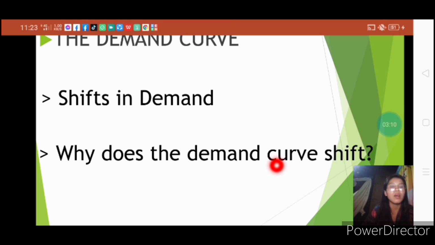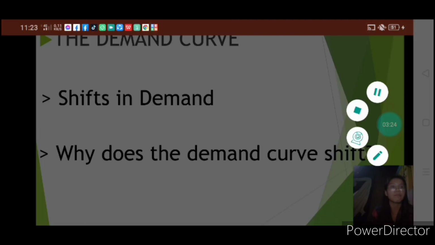We call this a shift in demand. So demand increases when the quantity demanded at each price increases.